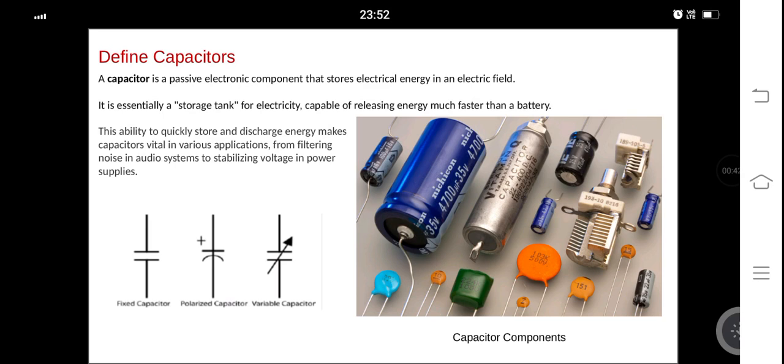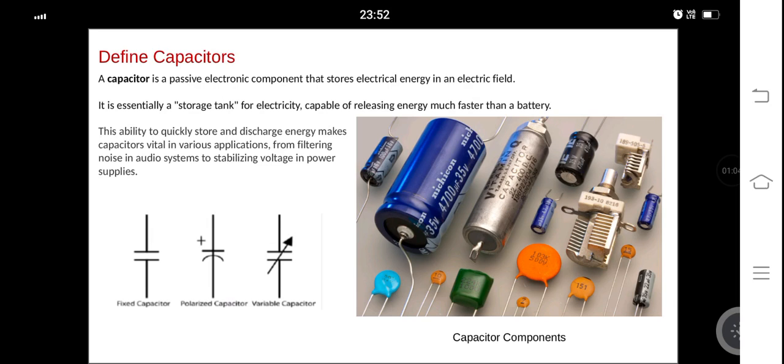A capacitor is a passive electronic component that stores electrical energy in an electric field. It is essentially a storage tank for electricity, capable of releasing energy much faster than a battery.